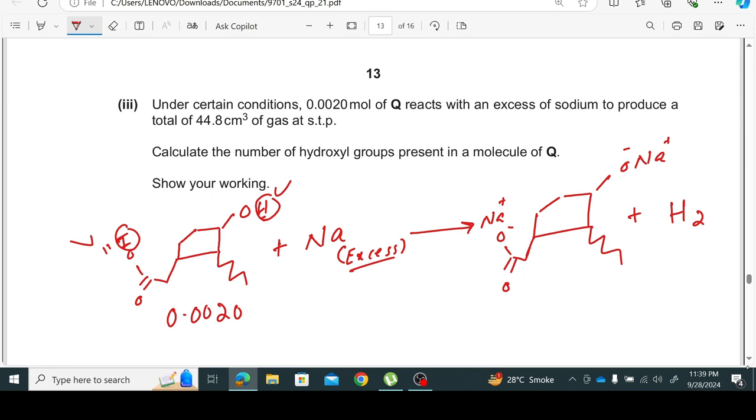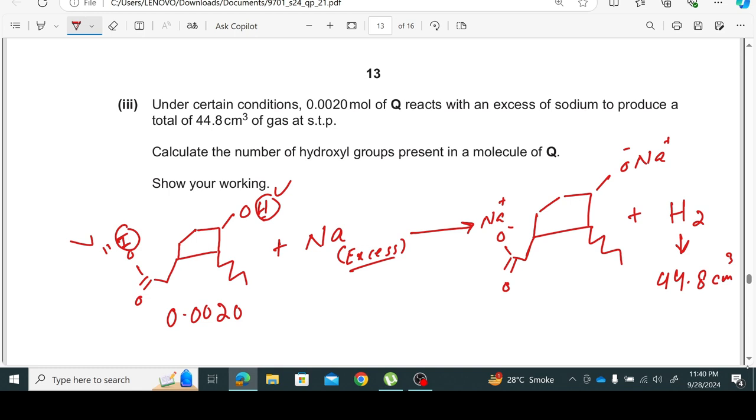So sodium produces a total of 44.8 cm³ of gas. Its volume is given. Calculate the number of hydroxyl groups present in a molecule. From the equation, the ratios are everywhere 1:1.